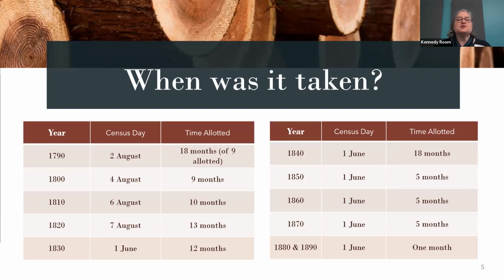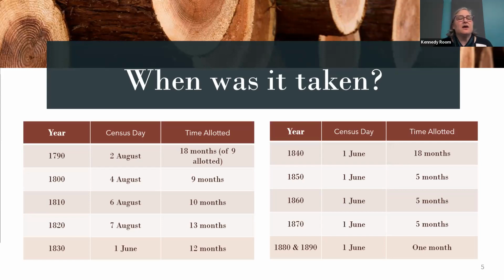The US Federal Marshals were in charge of taking the census between 1790 and 1840. And so they went around and did the collection.